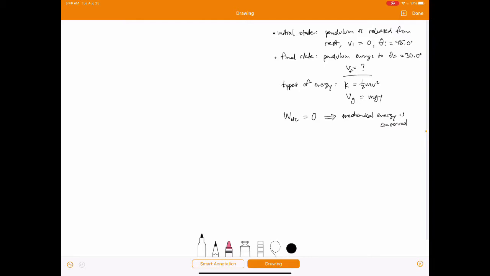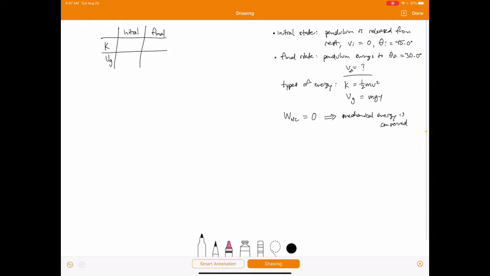Okay, so this just kind of sets the stage. So we can make a table where we have kinetic, we have potential, and we have our initial state and our final. And again, the idea here is just to fill in the table.